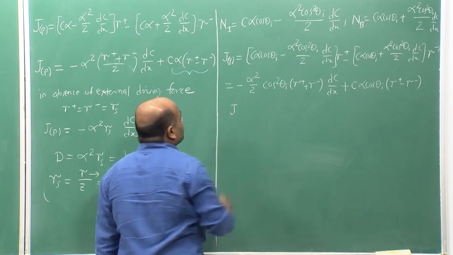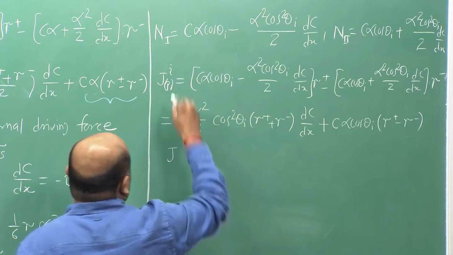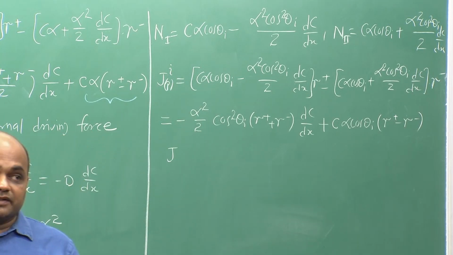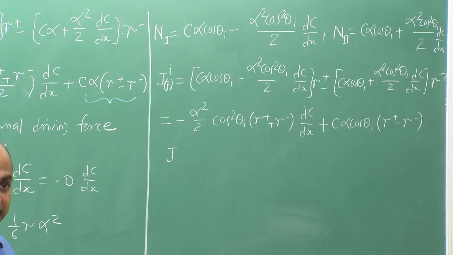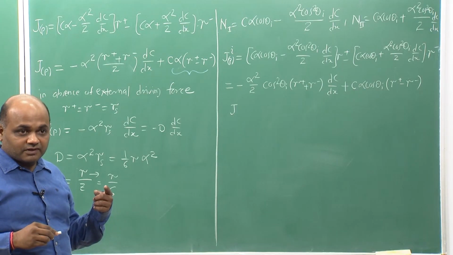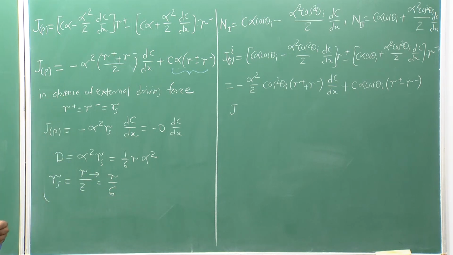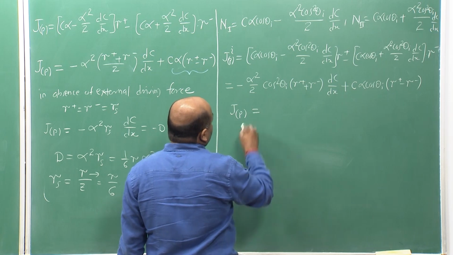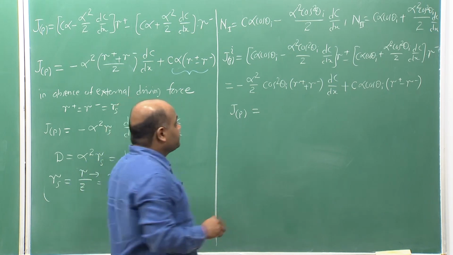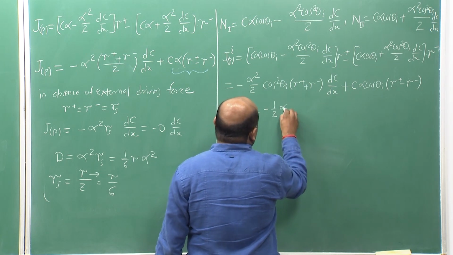So, let us denote this Jp more specifically as Jpi, because we are considering only the jump vector I. There will be how many such jumps? Z number of jumps possible, right, because the coordination number is z. So, to get the total flux, we need to sum over the jumps I, minus alpha square.